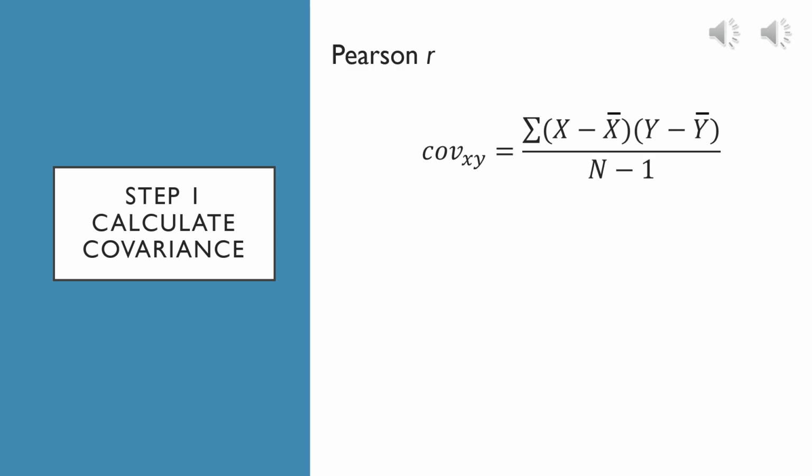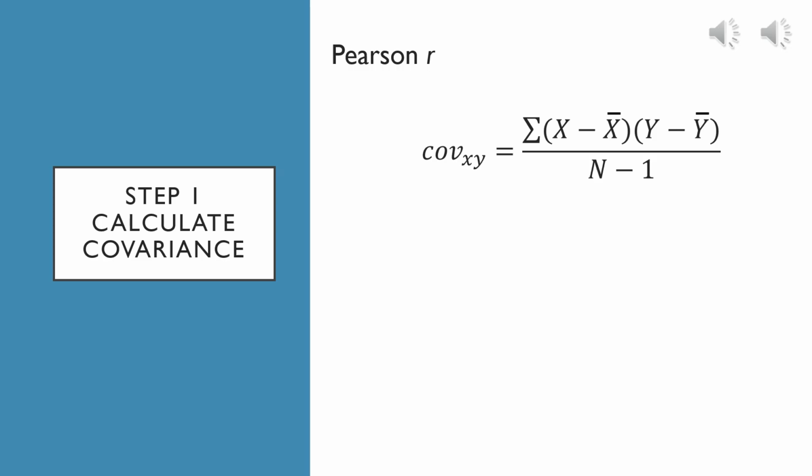So you already know how to do this. We're going to take all of the participant scores on X. X is, again, our predictor variable, so that's going to be weeks since last vacation. We're going to subtract them all from the mean of X, the average weeks since last vacation, so that's going to give us all of the deviations of X. We're also going to get all the deviation scores for Y, for stress. Y bar is the average stress of the entire sample.